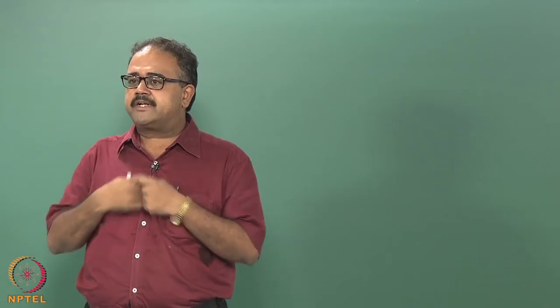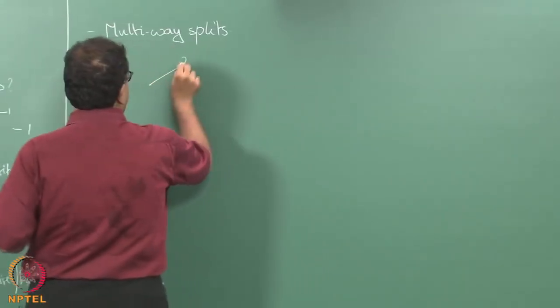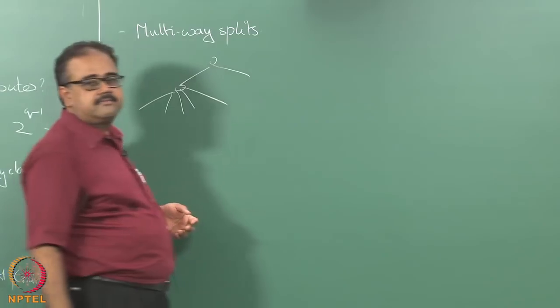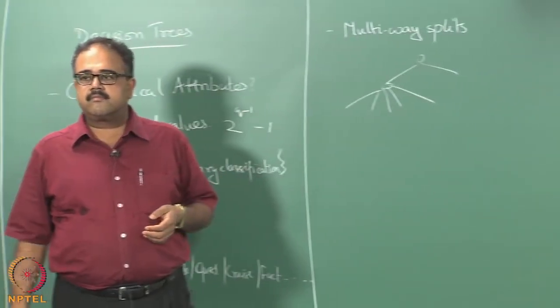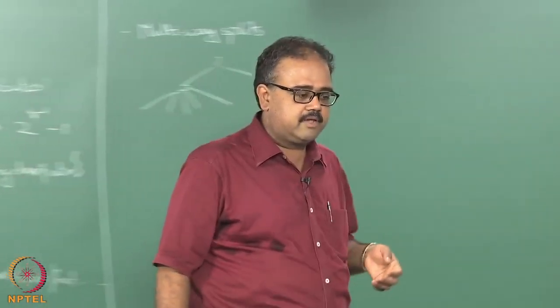If I decide to split on color, or I have to evaluate color, instead of splitting it into 2 groups, I will split it into 5 groups in our example, because we have 5 values color can take. So in my decision tree, instead of always looking like this, it will suddenly start looking like that.